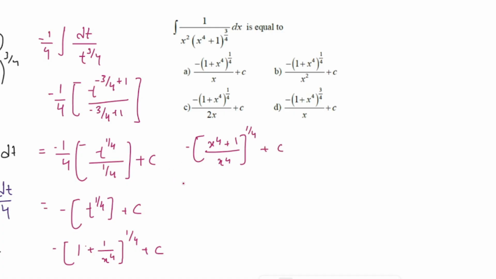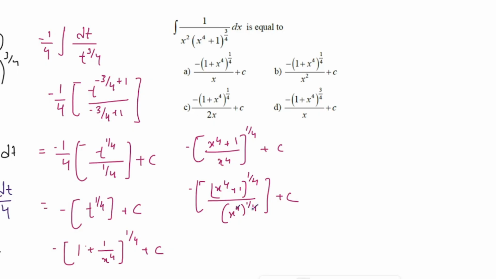Now if we shift the powers to both numerator and denominator, it becomes x power 4 plus 1 the whole power 1 by 4 divided by x power 4 the whole power 1 by 4 plus c.